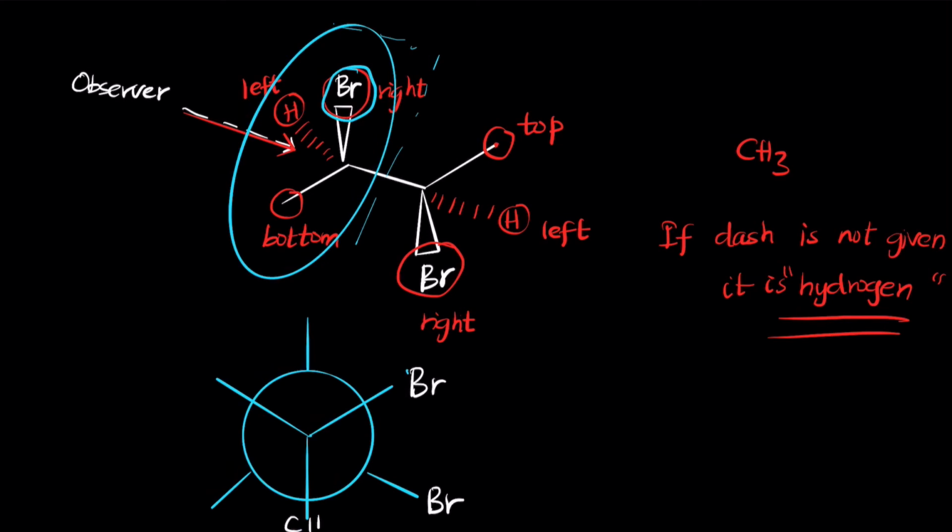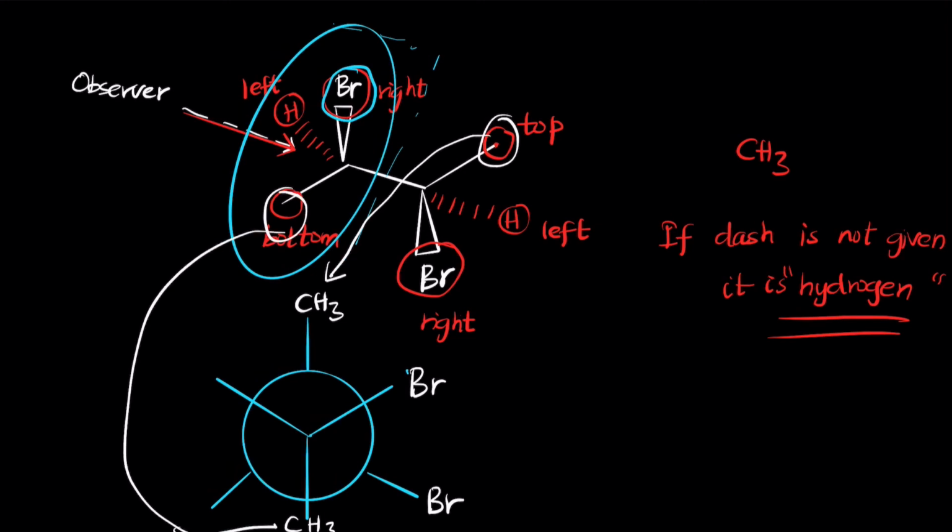So we have CH3 here and CH3 on the top. Notice that this one is this structure, this one is this structure. Next hydrogens on the left, so hydrogen and hydrogen. This is how you can convert the structure in the problem into the structure here.